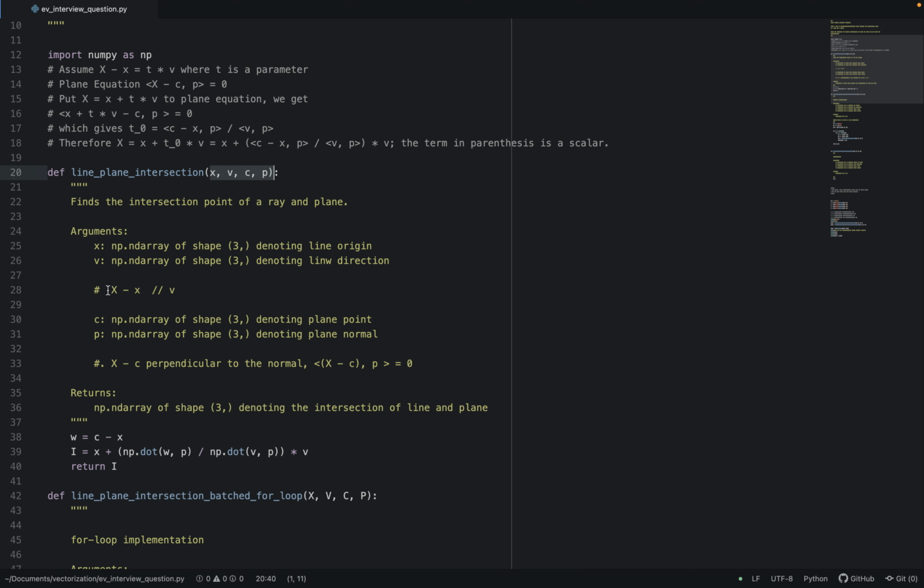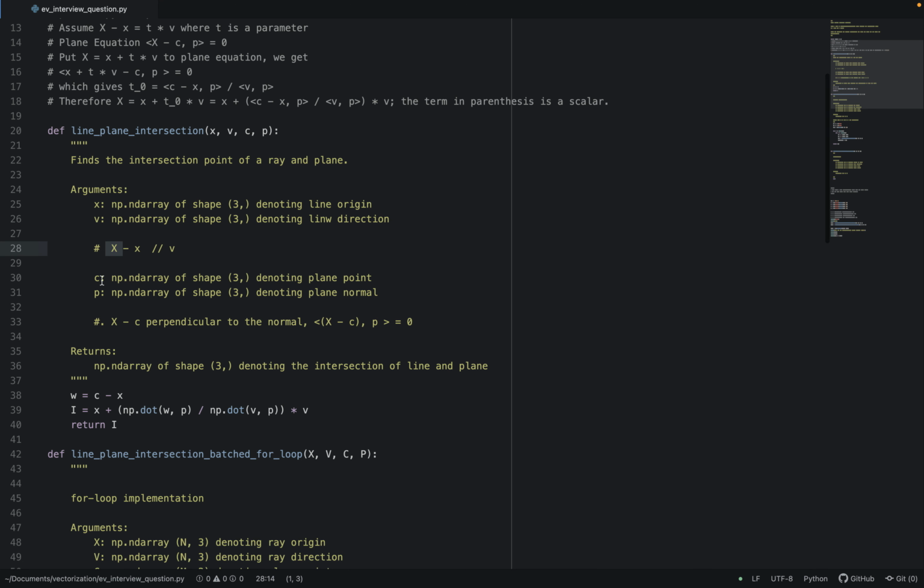In other words, the line is something like this. Capital X is a generic point on the line, then minus this little x, the fixed point, is parallel to y. So actually you can write a parametric equation for this straight line. C and P determine the plane.